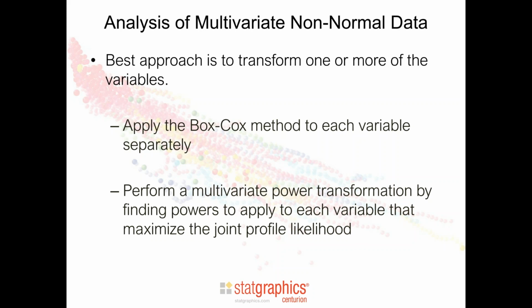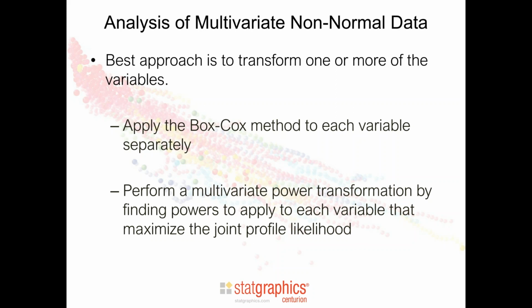Now, what we want to do is something similar to a Box-Cox approach. The Box-Cox method is something we use to transform a single variable, which looks for a power transformation that makes the distribution of the variable approximately normal.